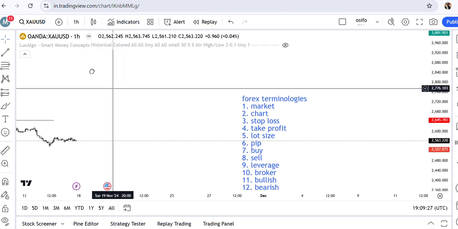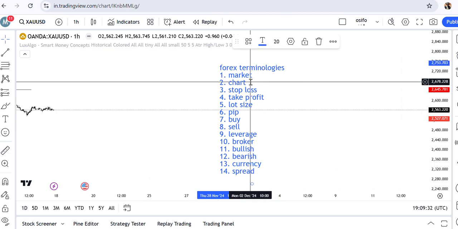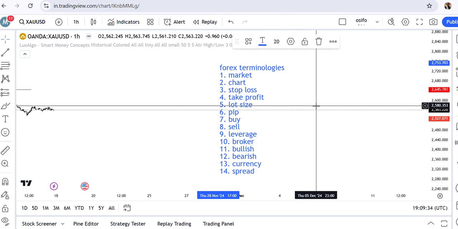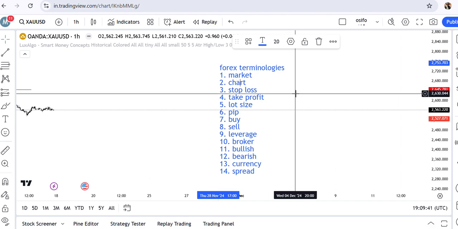Then also something I forgot to add here: candlestick. Let me add it beside the chart here, as 2A.